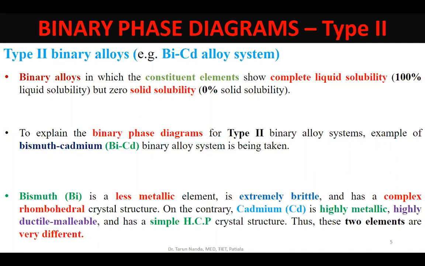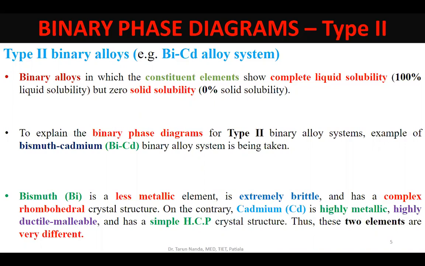Then in one of the Hume-Rothery rules, we had said that the two elements which are trying to form a substitutional solid solution must not have great chemical affinity between them. It should not happen that one of the elements is very electropositive and the other is very electronegative. But the same happens in the case of bismuth and cadmium. Bismuth is a less metallic element, whereas cadmium is a highly metallic element.